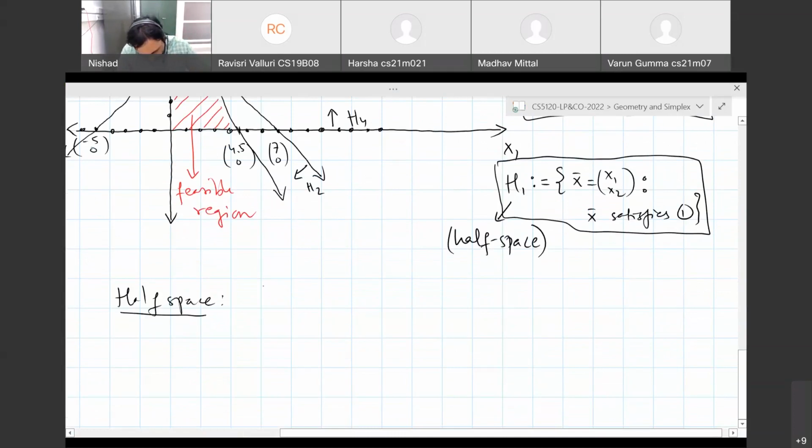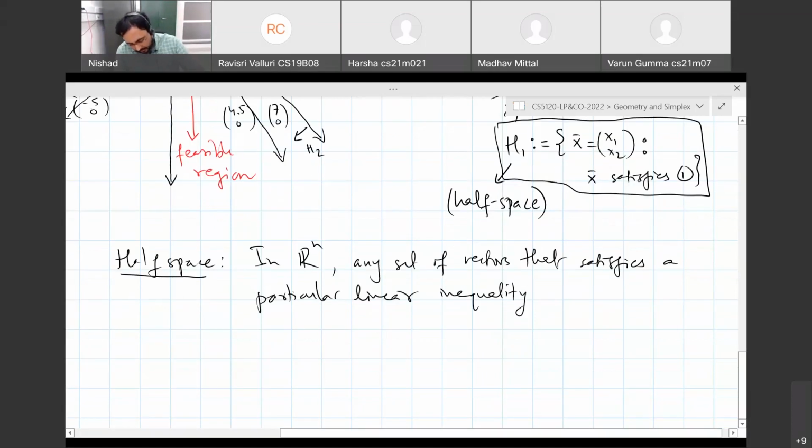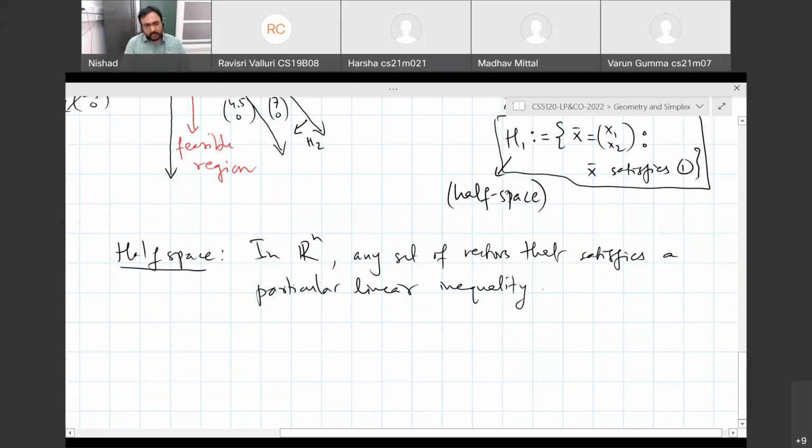A half space in Rn, so we could be in n dimensions, it doesn't matter, is any set of vectors that satisfies a particular linear inequality. It's going to be a linear inequality for the variables x1 to xn because we are in n dimensions. In this example, we were in 2 dimensions and we were just looking at 2 variables.